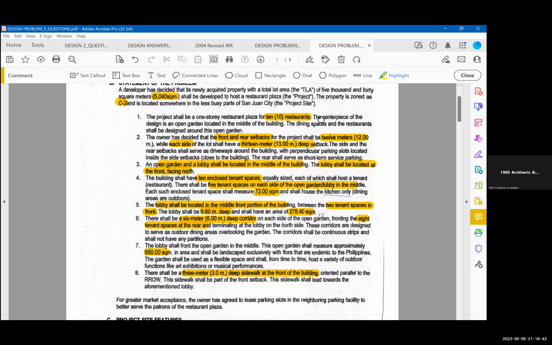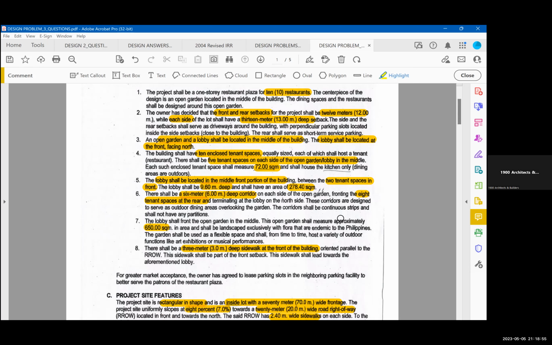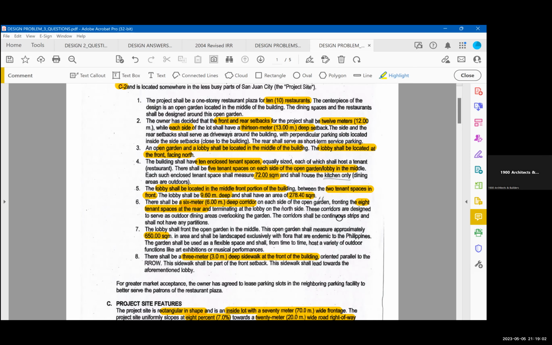Ang isa ko pang napansin dito is ito. I-mention siya dito yung corridor. Here is the corridor. Ayan.